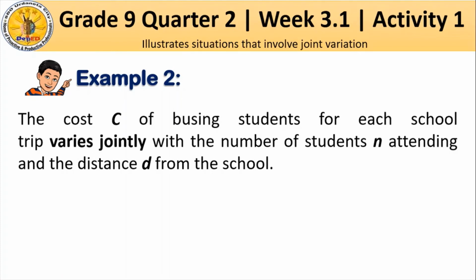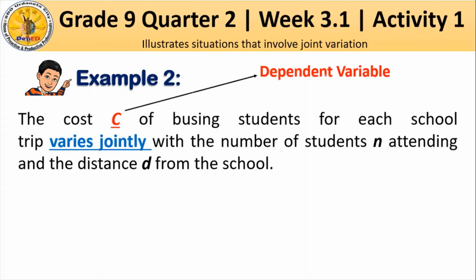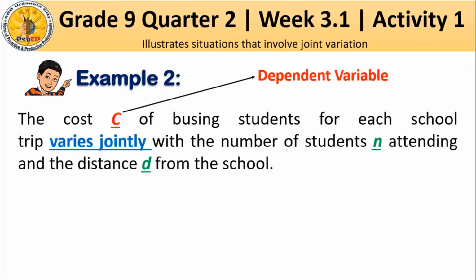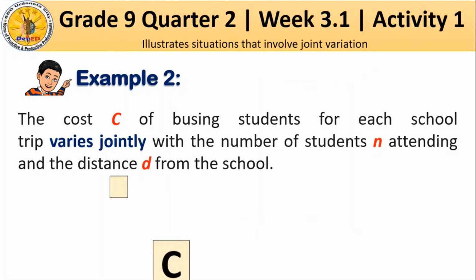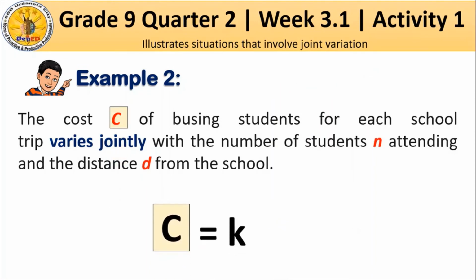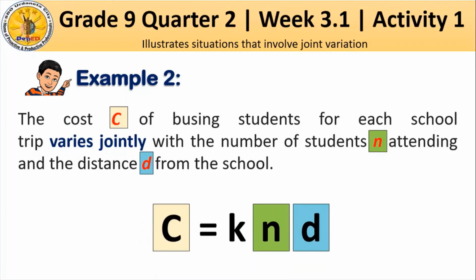Again, the variable before the phrase varies jointly is C, which represents the dependent variable. Variables N and D represent the independent variables. So, we could translate this as C is equal to K, N, D. As simple as that.